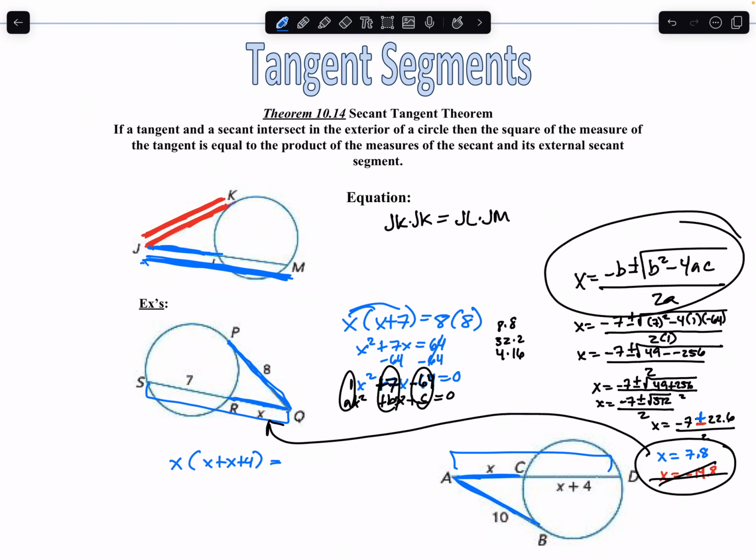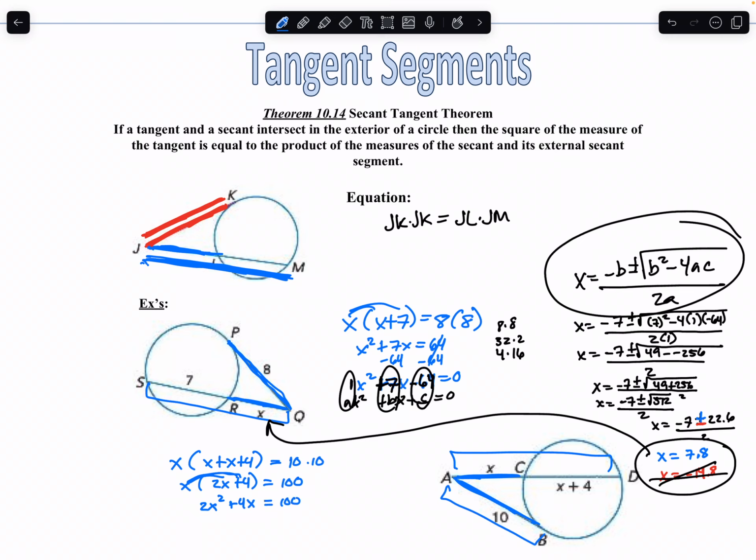The outside is 10 times the whole, which is also 10. So, on the inside we have x times x plus x is 2x plus 4, which should equal 100. We distribute. x times 2x is 2x squared. x times 4 is positive 4x, and that should equal 100.